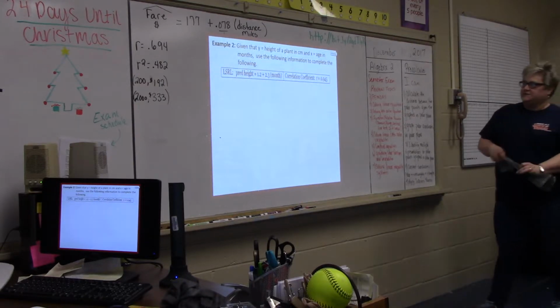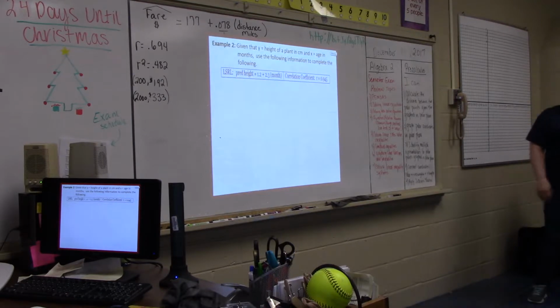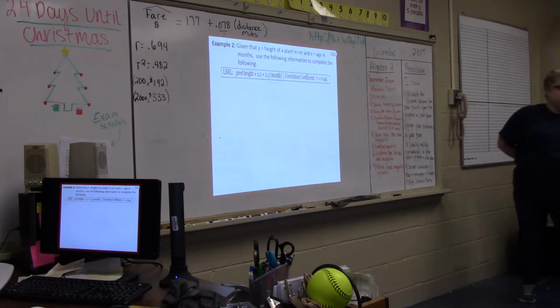On this particular one, they have already given you the LSRL and they've already given you the correlation coefficient. Take a minute and see if you can answer those three questions right there. Interpret the slope and the y-intercept. Interpret the correlation coefficient. Find and interpret the coefficient of determination.